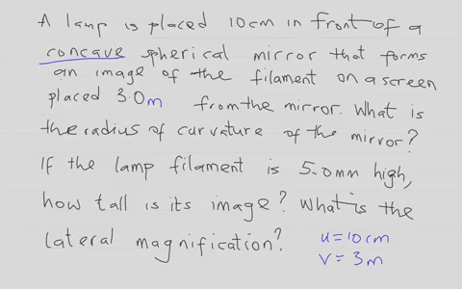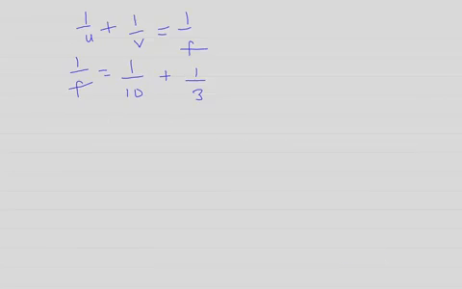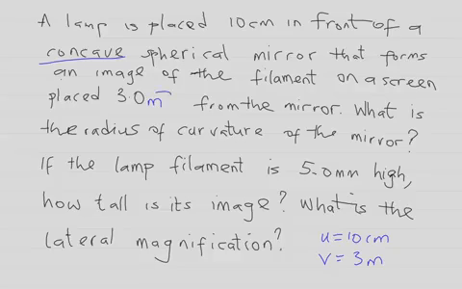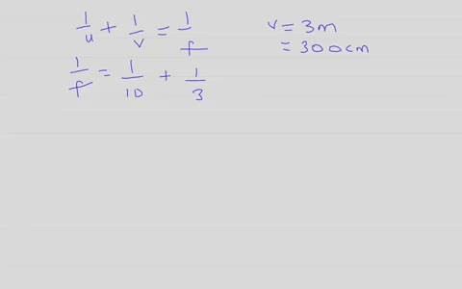V is in meter, so I must change it to centimeter. So that is 300 centimeters. Take note, they must have the same unit. I made a mistake by writing centimeter here, and the question was in meter. So this is the 300.